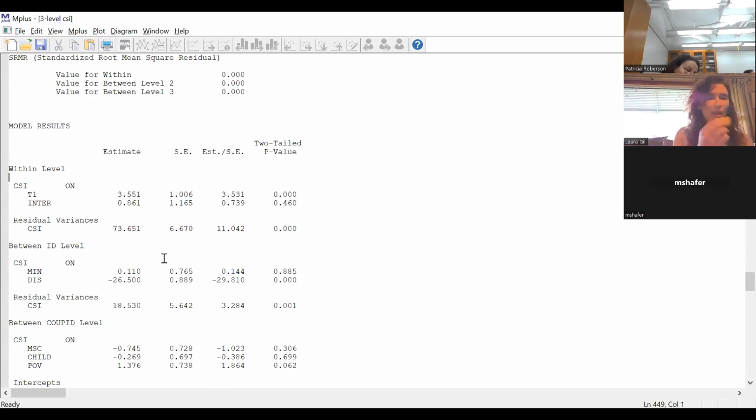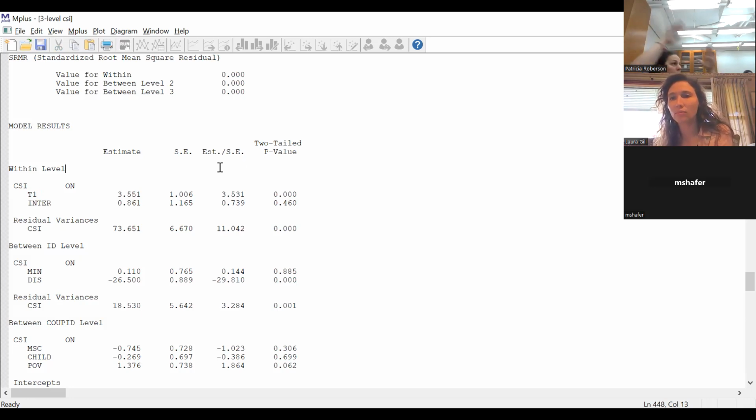So this is how we read M+ output, with the within level first, then the between level, and then the other between level. It gives your estimate, your standard error, and your estimate divided by the standard error, which is your T statistic, to calculate your p-value. That's why I was talking about bias earlier, because this is genuinely just how we calculate the T statistic.